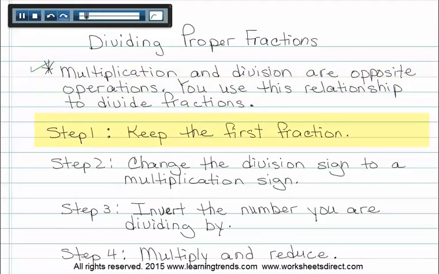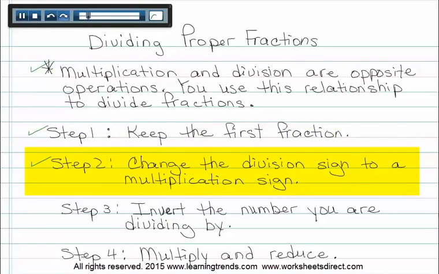we divide proper fractions. The first step is that you want to write out the fractions, basically, and then you want to keep the first fraction. Step number 2 is that you want to change the division sign to a multiplication sign. And these steps will make more sense once we start practicing them.